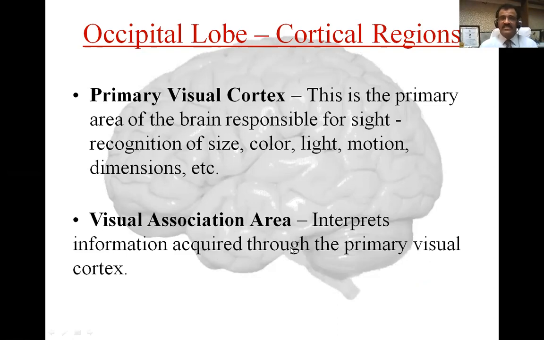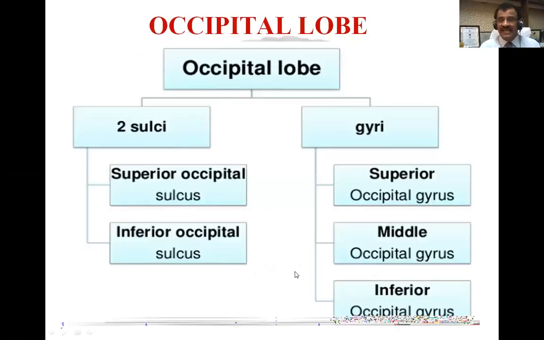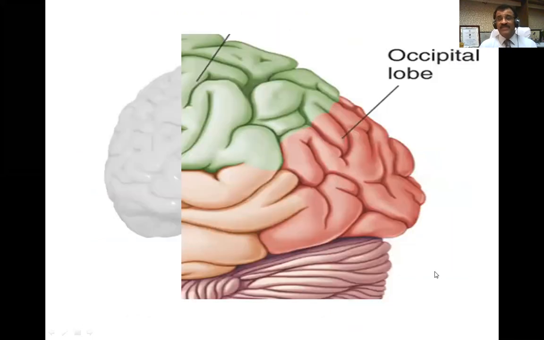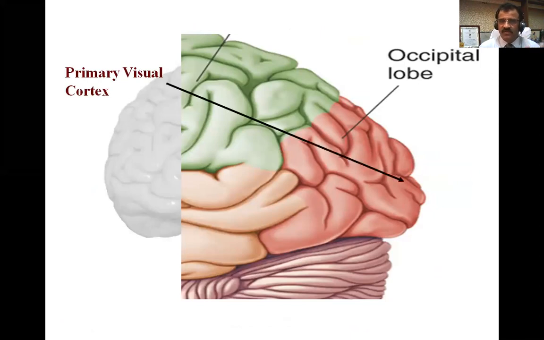Here you can see the sulci and gyri present on the occipital lobe. There are two important sulci on the occipital lobe, and those are the superior occipital sulcus and inferior occipital sulcus. And so we get three gyri: superior occipital gyrus, middle occipital gyrus, and inferior occipital gyrus. It's very easy to remember, and you can see those important cortices which are located on the occipital lobe of the cerebral hemisphere.